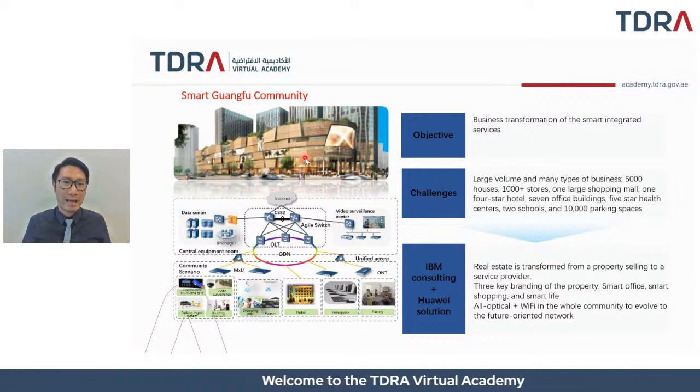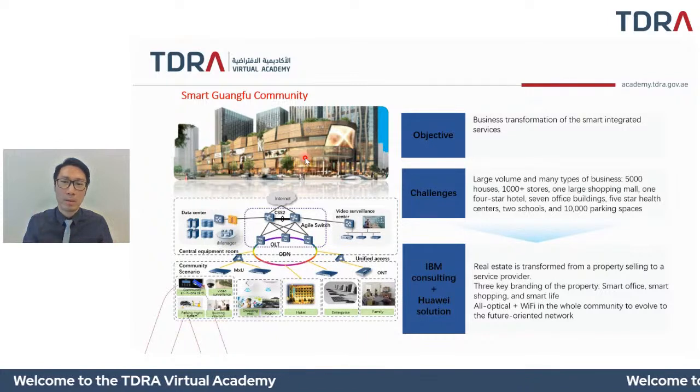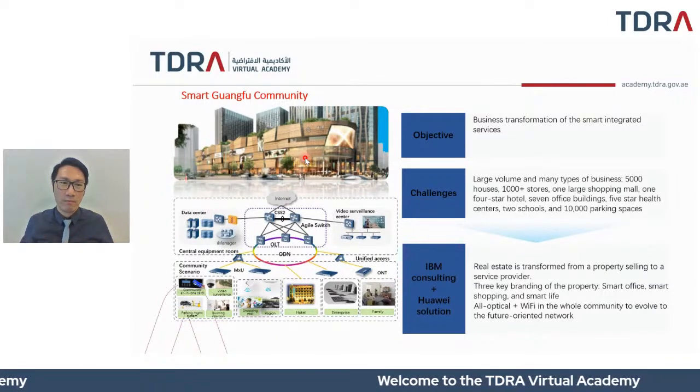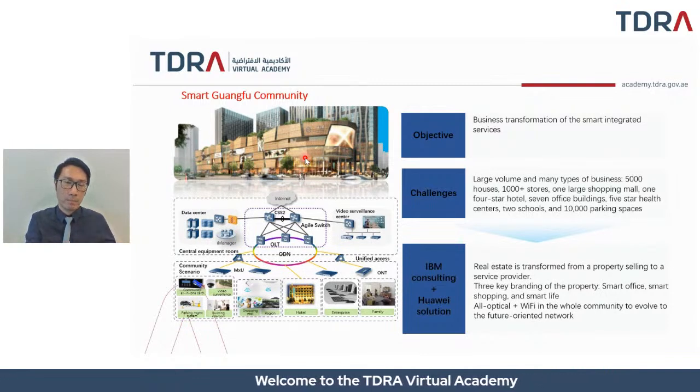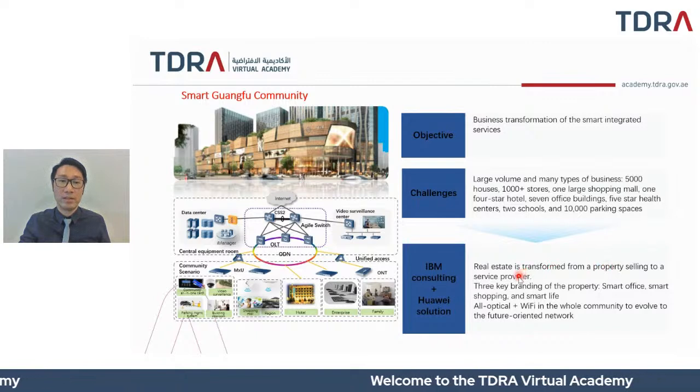But what the developer wants to improve is that they don't only want to sell the property, they want to sell service. So they convert this property or campus into a smart campus, transferring from property selling to service provider.